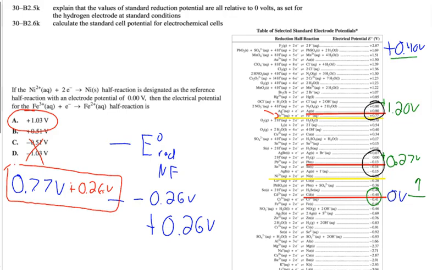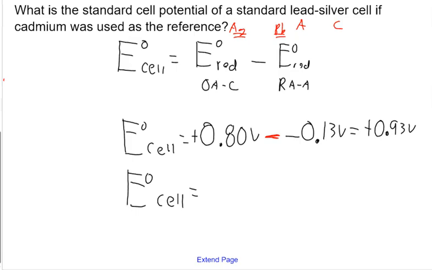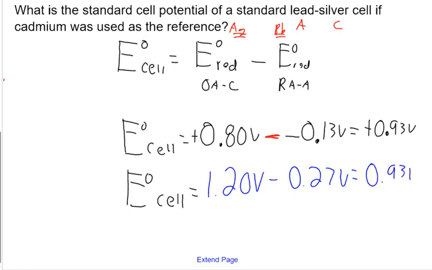So if we plug those in, we had 1.20 volts minus 0.27 volts, and lo and behold, you get the exact same answer, which makes sense. What mankind picked as a reference should have no effect on what our voltage is.